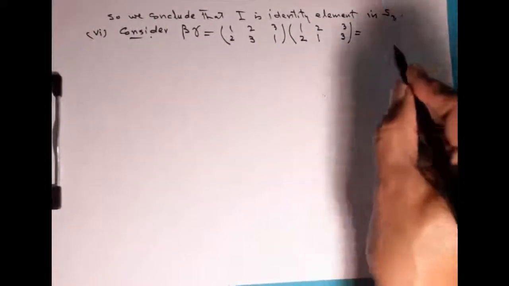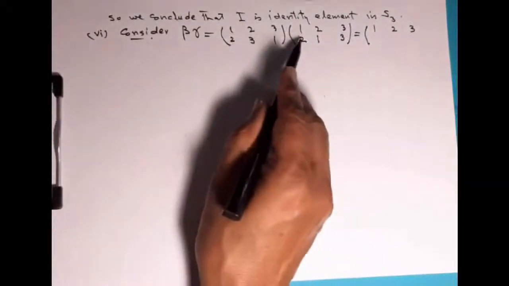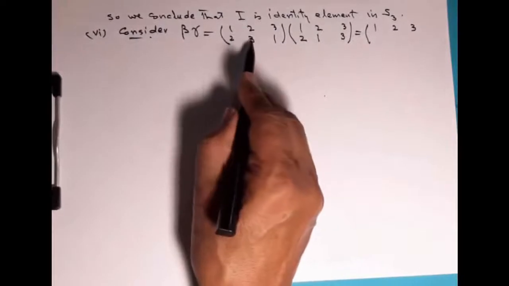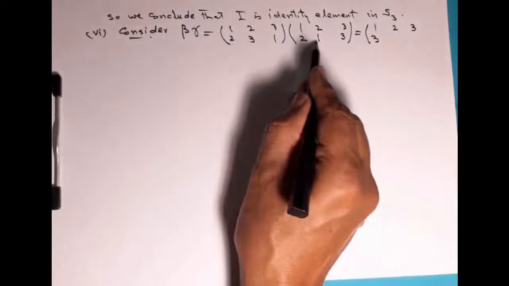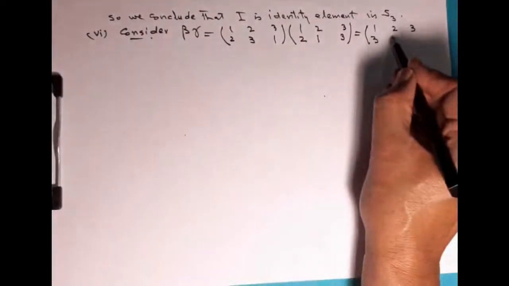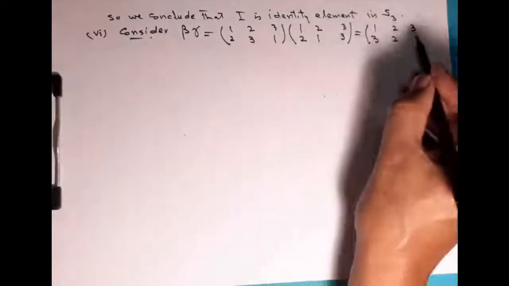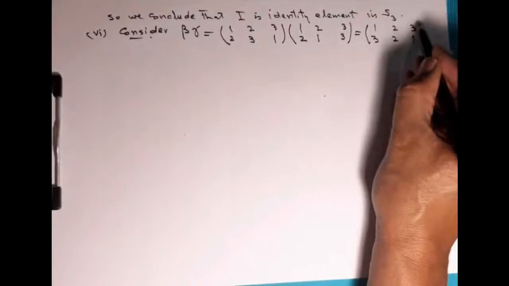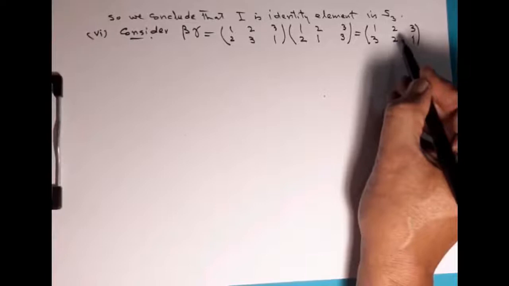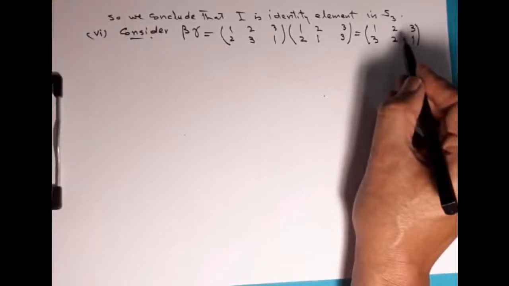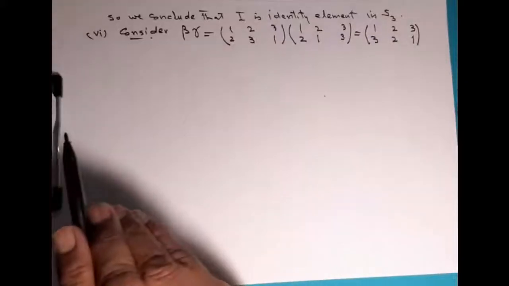So let's compose these two with each other. You can see that 1 goes to 2, 2 goes to 3, so 1 goes to 3. 2 goes to 1, 1 goes to 2, so 2 goes to 2. 3 goes to 3 and 3 goes to 1, so 3 goes to 1. And you can see that this permutation is 3, 2, 1.